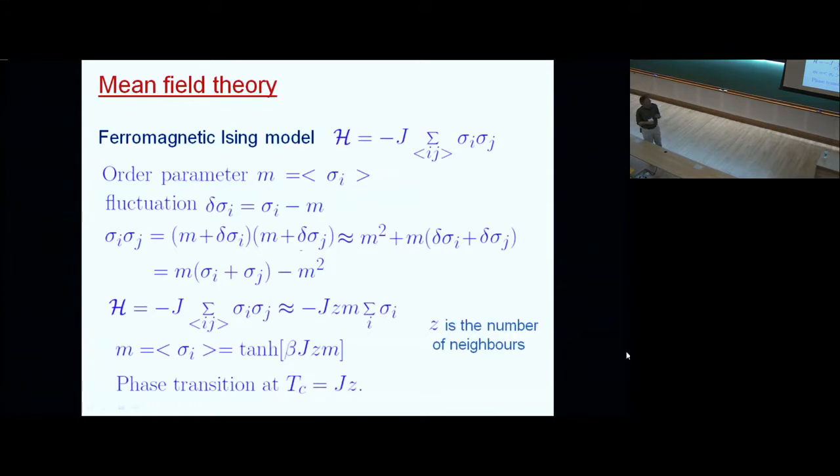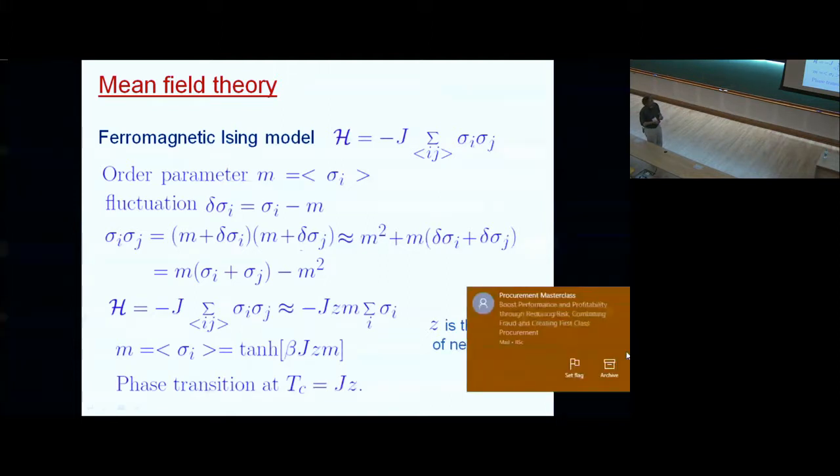So there are Z such quantities. m is the average. And this is why it is called mean field, that all the neighbors are assumed to have the average value of the sigmas. That sigma i is sitting there, and then you have basically J times Z times m.